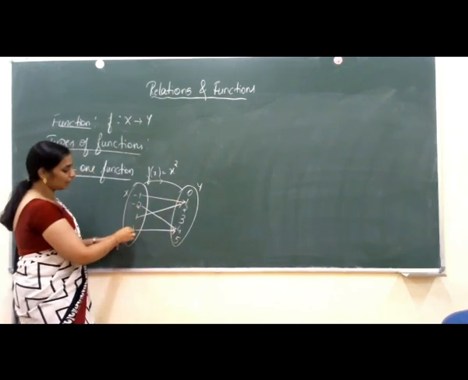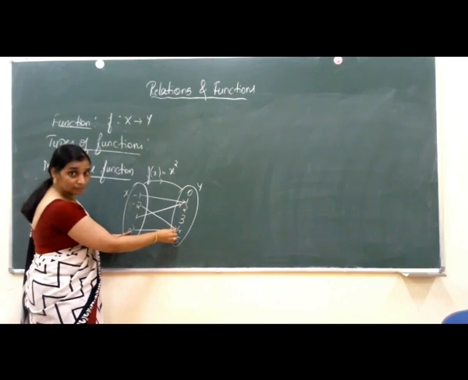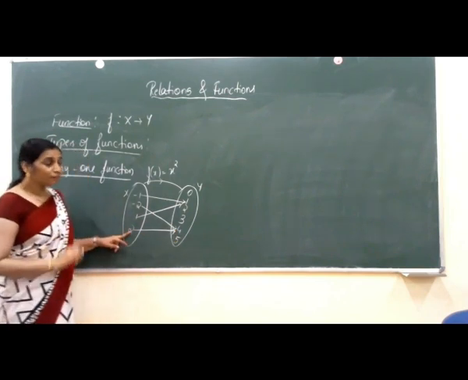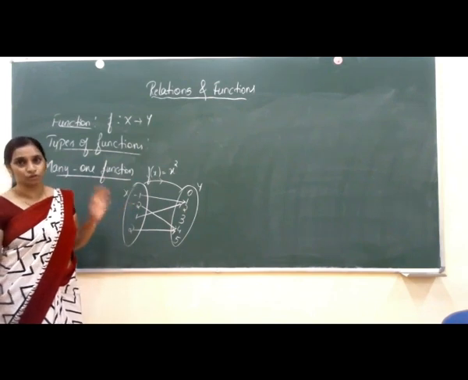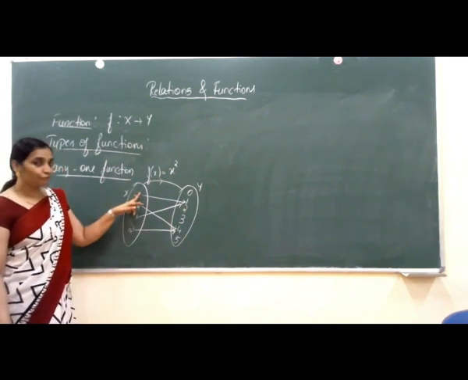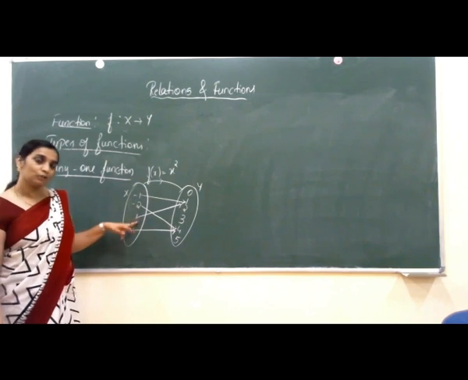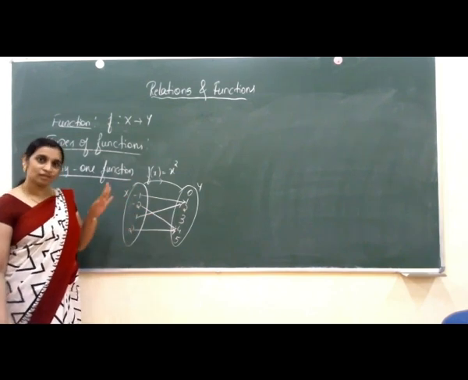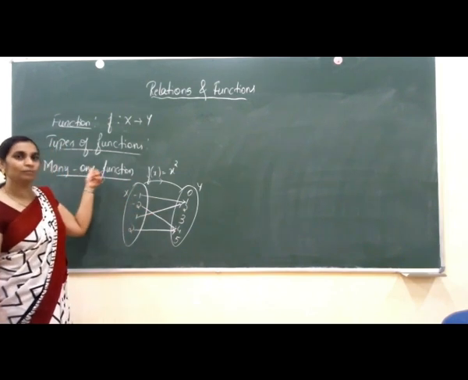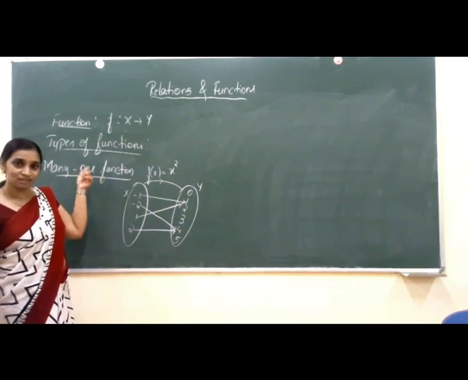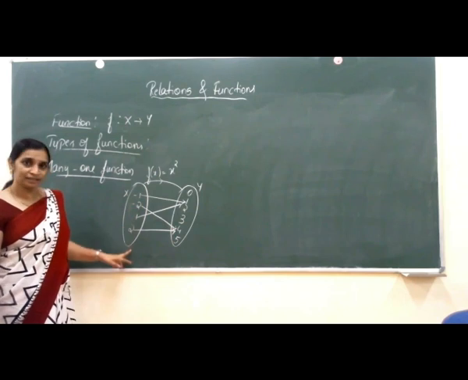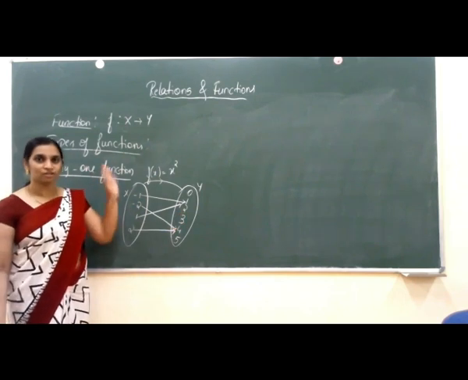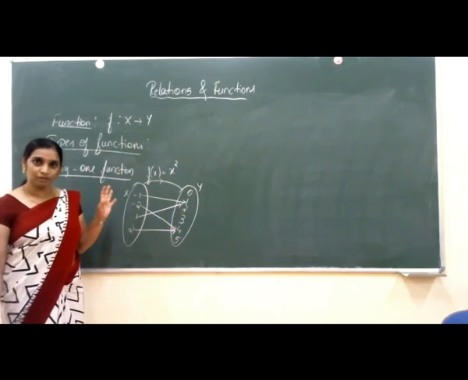Similarly, -2 and 2, they are having the same image. That means the condition for one-one function doesn't hold, as different elements have the same image. Therefore, this function is called many-one function. As the name itself describes, many elements have one image. That's why it is called many-one function.